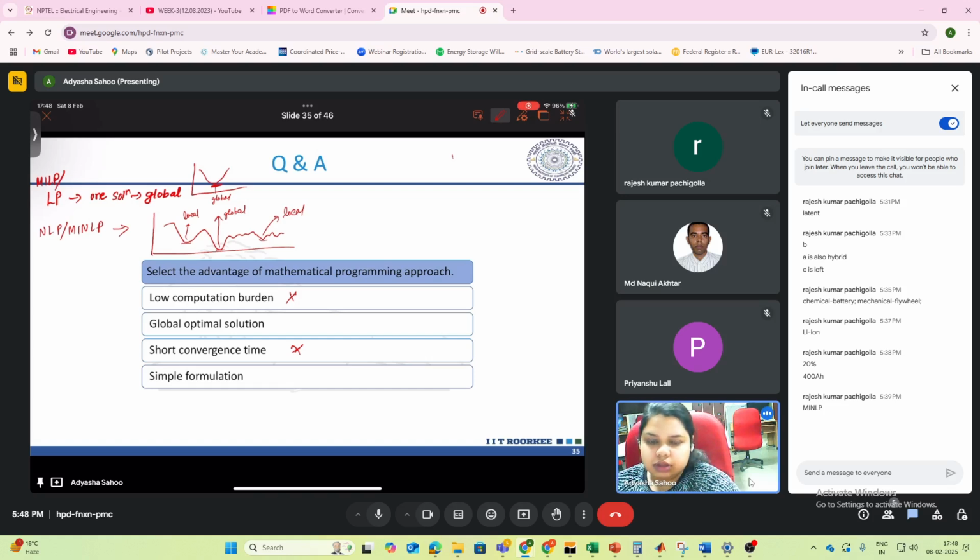And machine learning techniques sometimes cannot even guarantee optimality for linear type systems. So for the mathematical programming approach, the biggest advantage that we get is the global optimal solution. But due to this, they have complex formulation and hence the computational burden is higher and convergence time is also high.